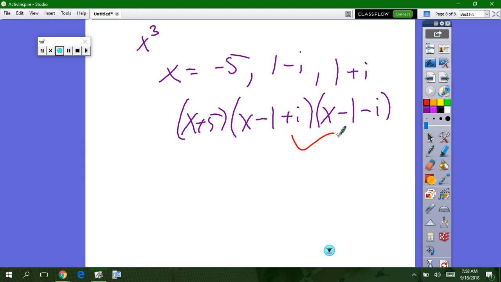Here we go. What's x times x? x squared. x times -1 is -x. Negative ix. Negative x again. Positive 1. Positive i. i times x is positive ix.